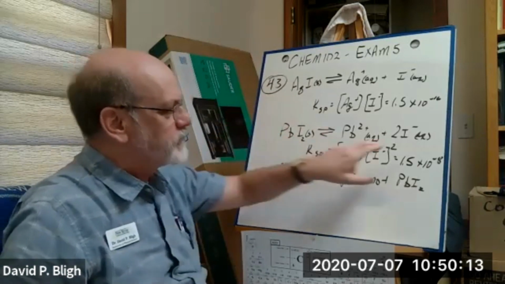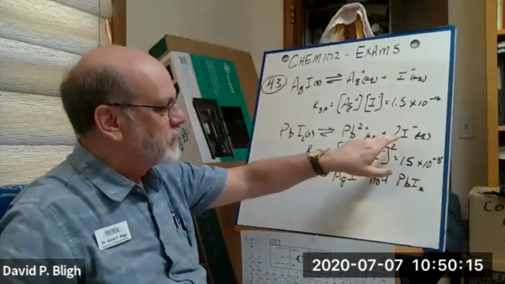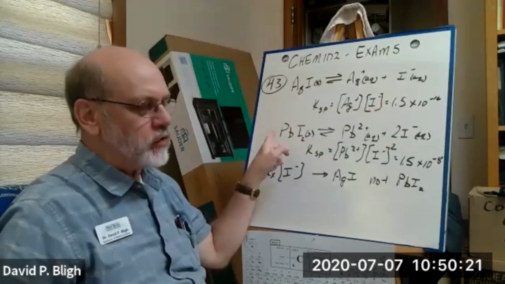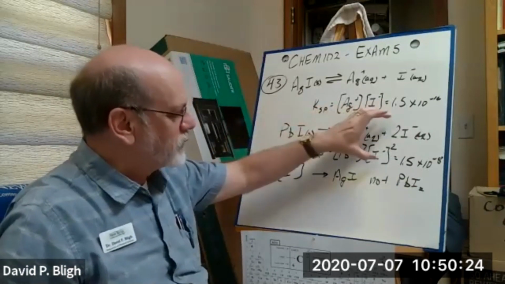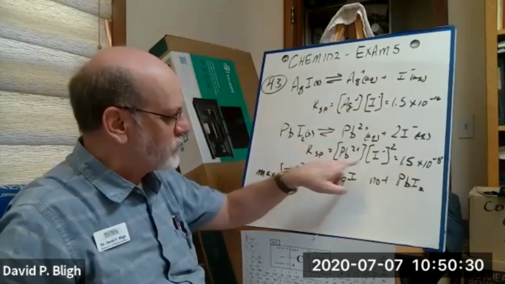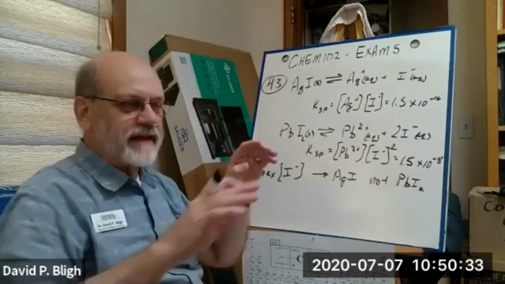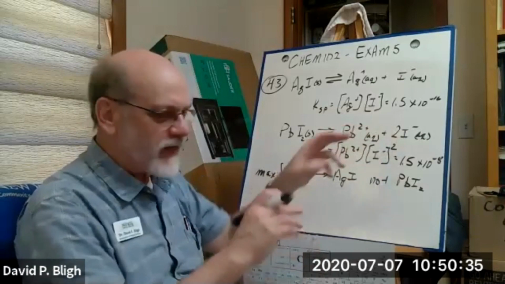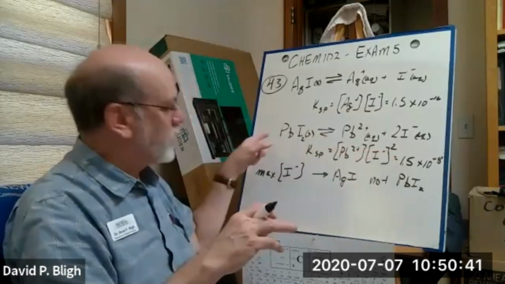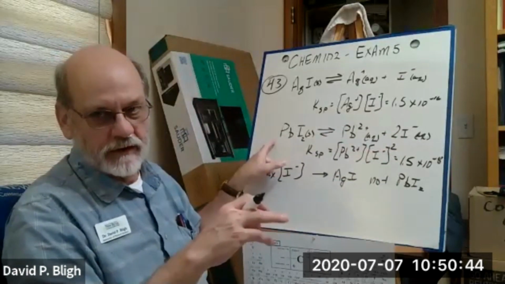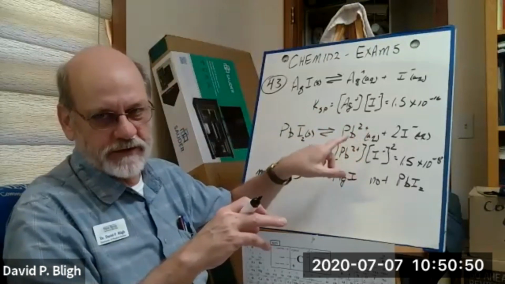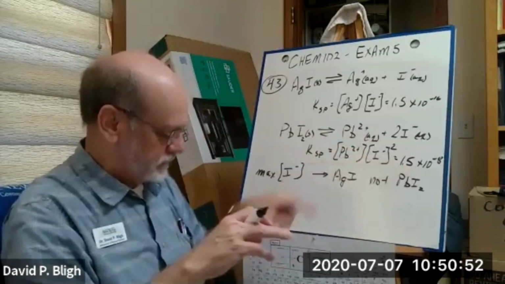You want to know how much of this you can have in solution without making that. So in that case, the Q for this reaction is equal to that value. Right, so you want this Q value to be equal to that. Because anything greater than that, if you increase that just a smidge, then the Q would be greater than this and start precipitating that. So the target is this equation, and what can you get away with? What's the maximum Q value that you can get, and it's that.